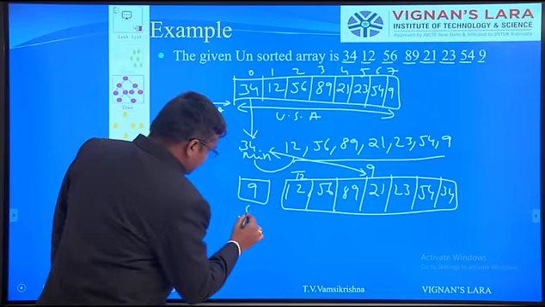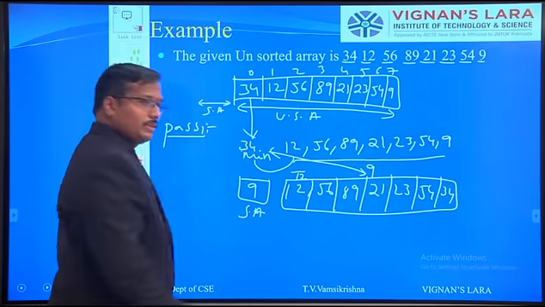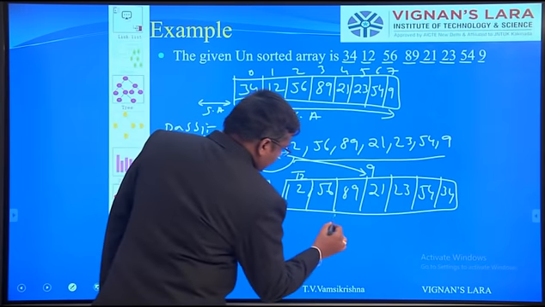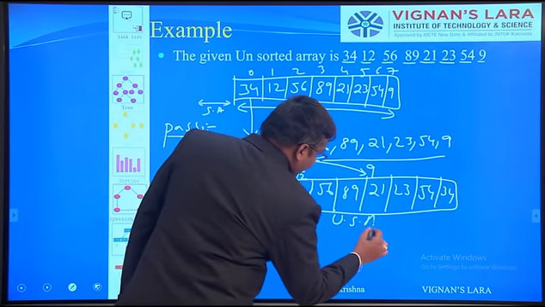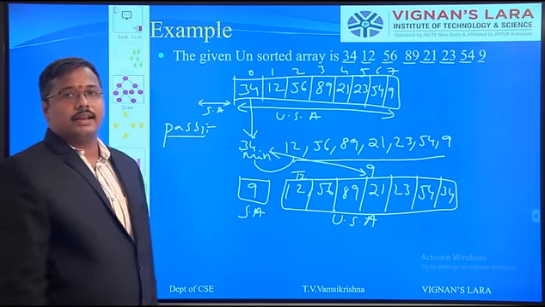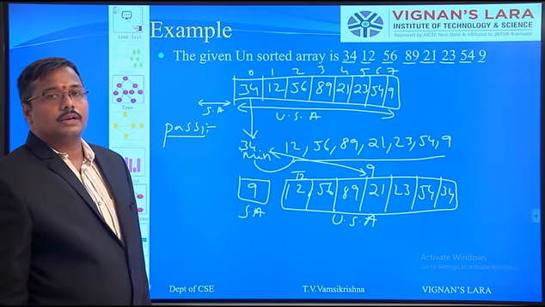At this time, the first element is the sorted array and the rest is the unsorted array.